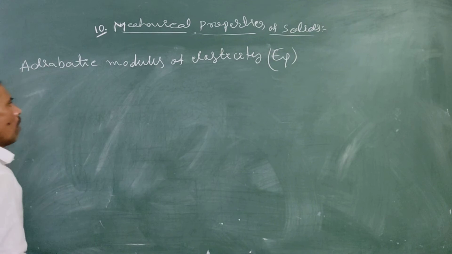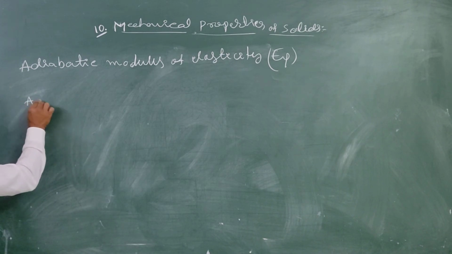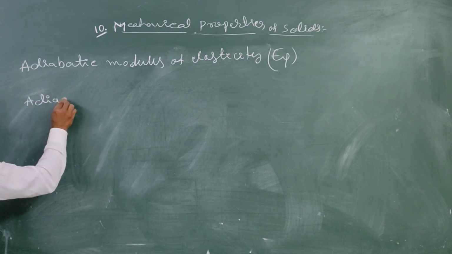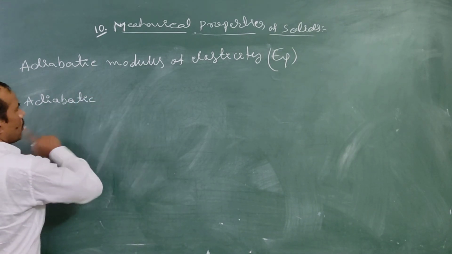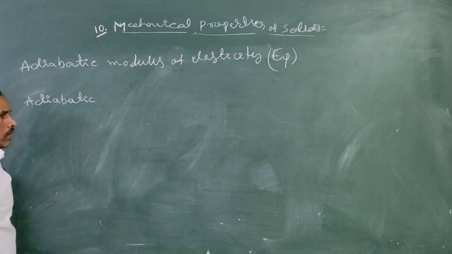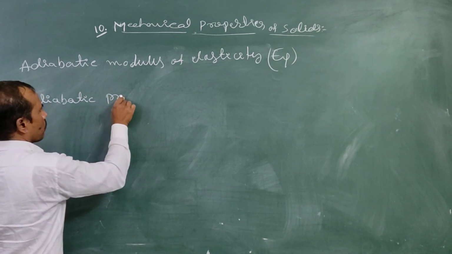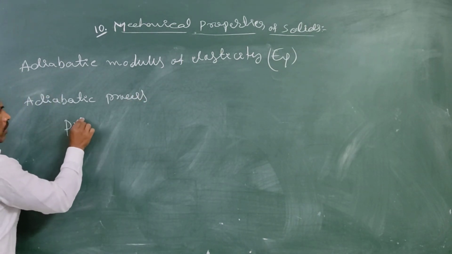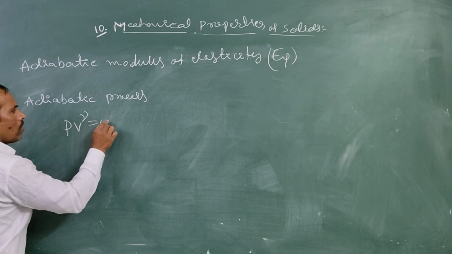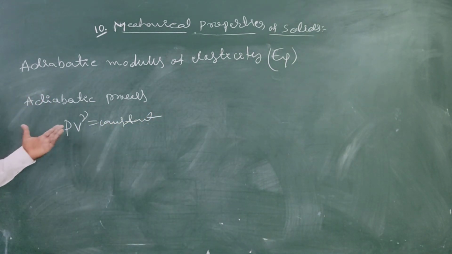Now we know that for the adiabatic process, P V power gamma is equal to constant.